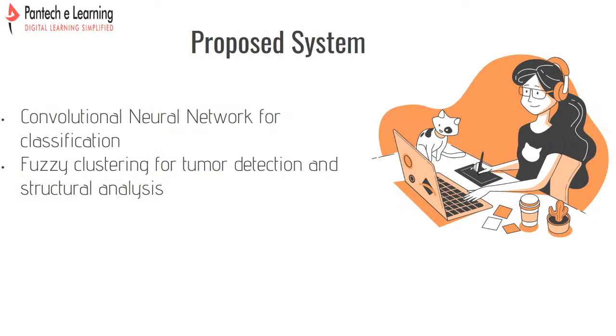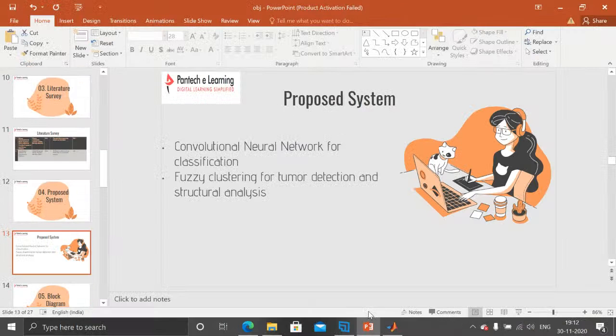So the proposed system we have is completely based on the convolutional neural network, which consists of three different layers: pooling, max pooling, and ReLU activation. And here we are also using fuzzy clustering for tumor detection and structure analysis. Based on that, I have created a small GUI.